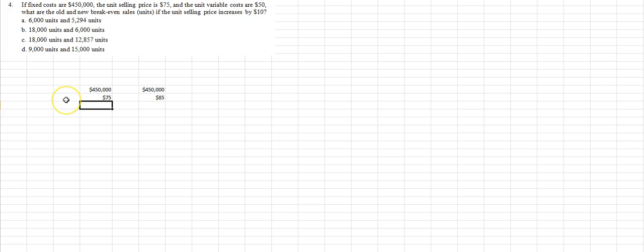So the answer becomes very easy, right? If each unit, the selling price is $75. So, and the unit variable costs are 50. So we need to add another step. And again, do variable costs change just because you change the selling price? No, it's going to remain constant.